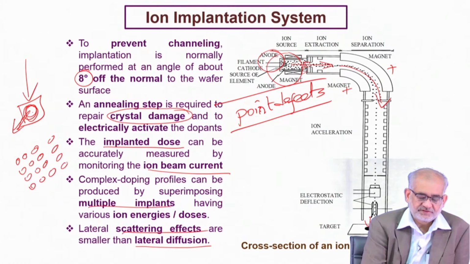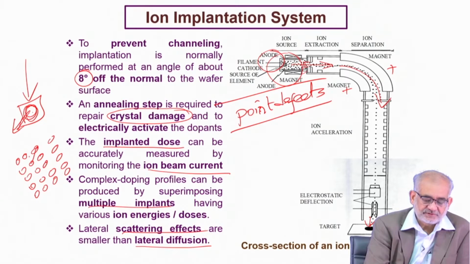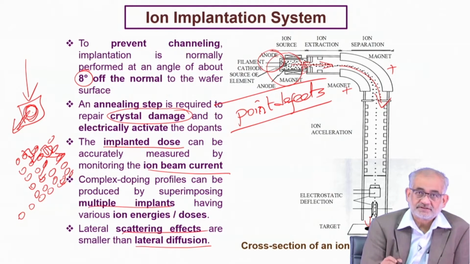Now, if the implantation events are so violent that this fellow goes here, that fellow goes there, and you have a vacancy here, you create a vacancy here. In a typical crystalline lattice, you would expect atoms or ions at regular intervals, right? That's the so-called long-range periodicity.